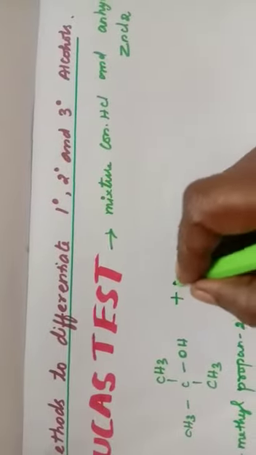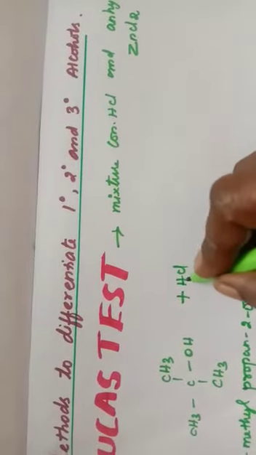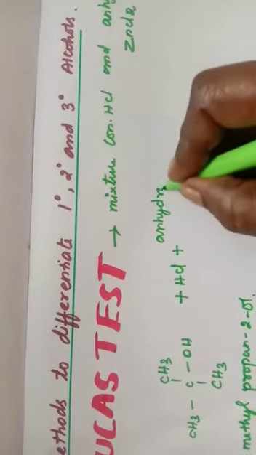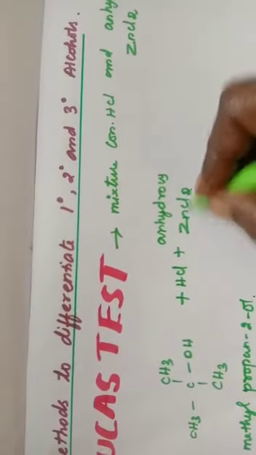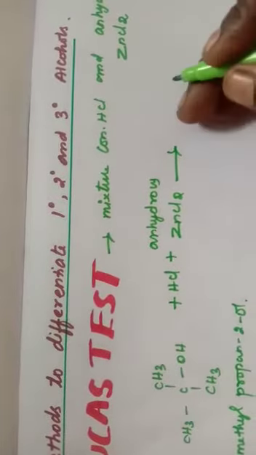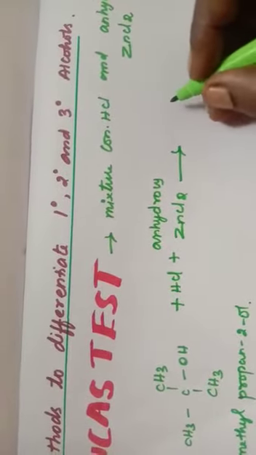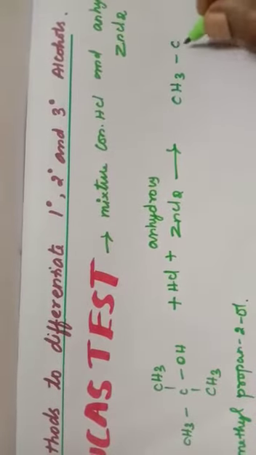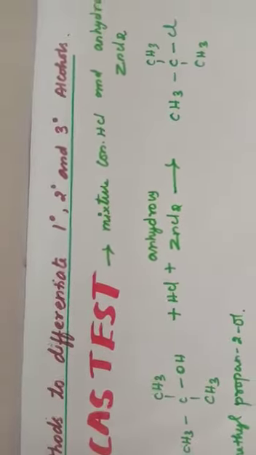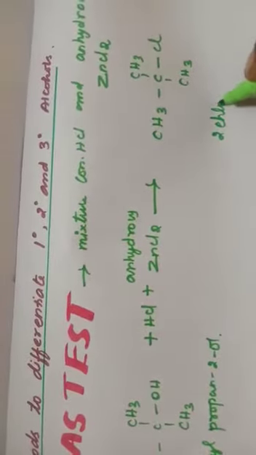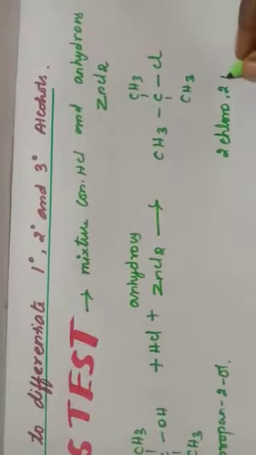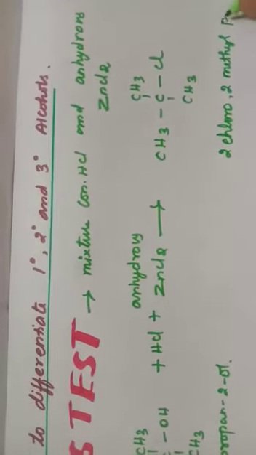When it is treated with Lucas reagent, that is a mixture of concentrated HCl plus anhydrous zinc chloride, and it reacts with this tertiary alcohol, we will be getting 2-chloro-2-methylpropane.